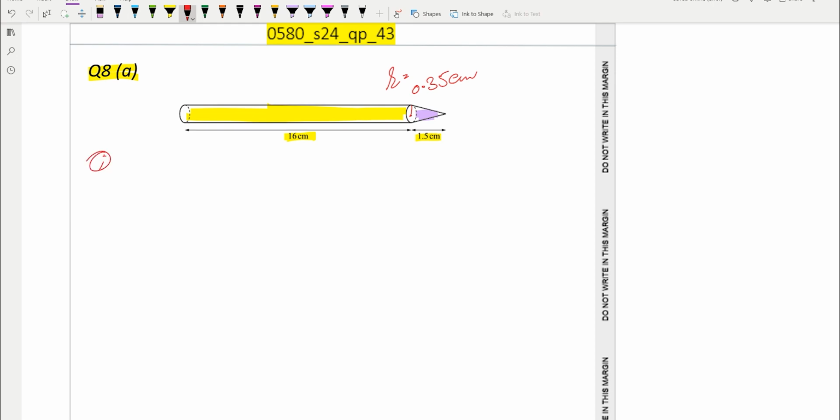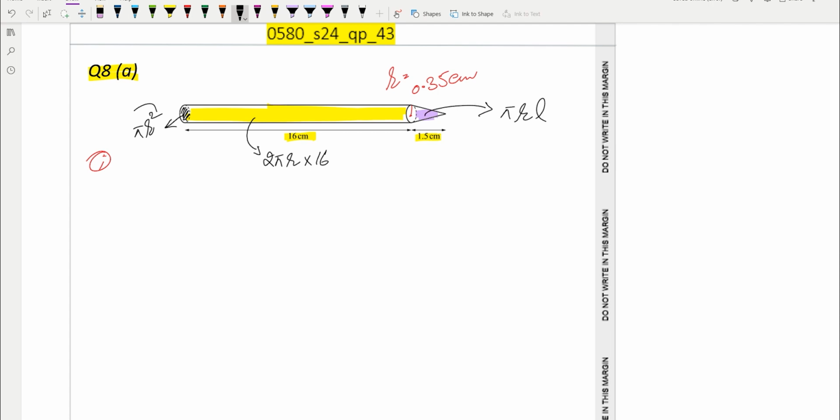For part I, calculate the total surface area of the solid. So total surface area will be pi r squared, which is the base which we have to include, and then the curved surface area of the cylinder, which is 2 pi r multiplied by 16, and then we add the curved surface area of the cone, which is pi r l.